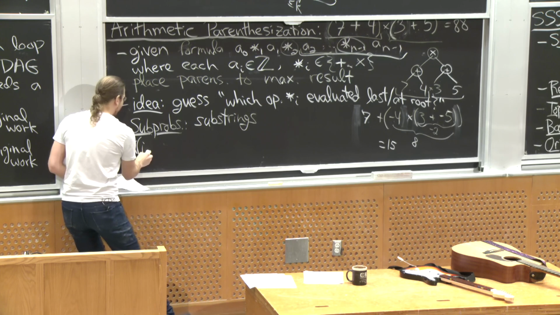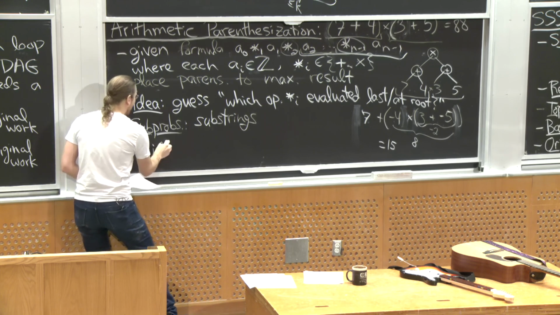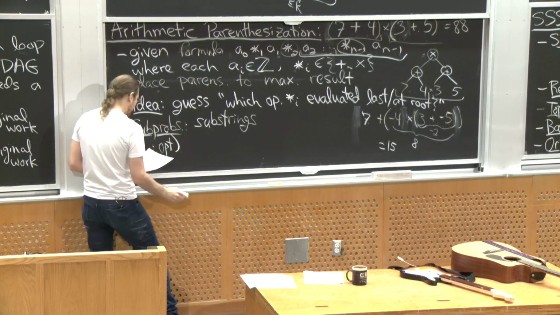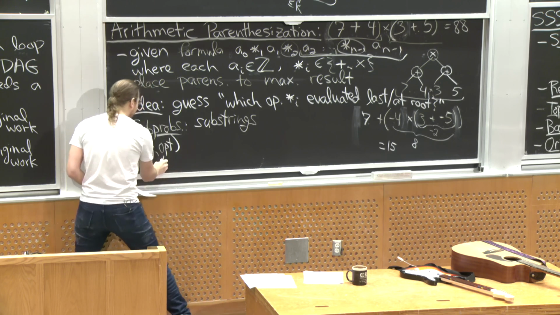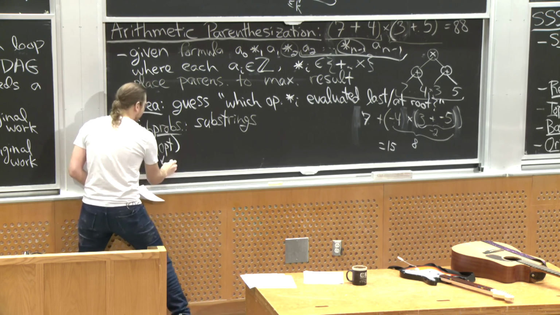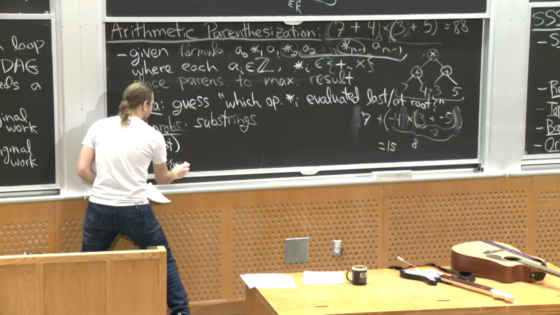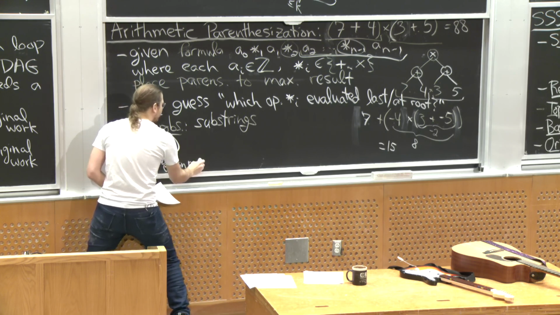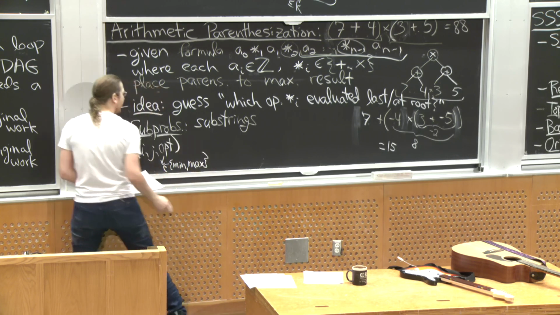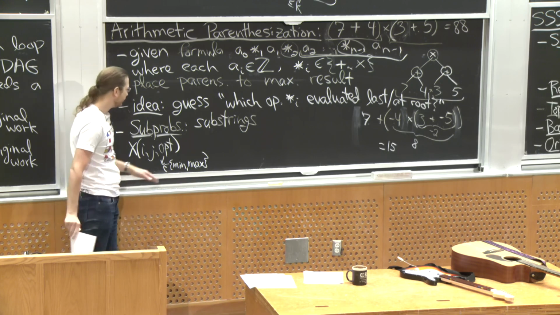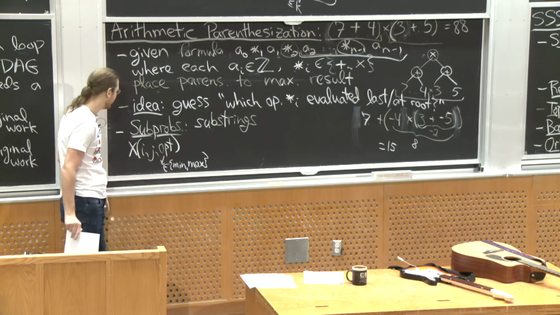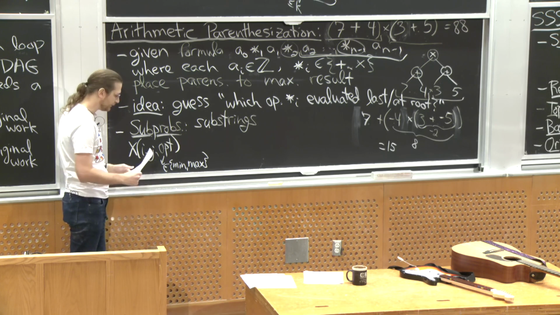So I'm going to define x of i, comma j, comma opt to be, where opt here is going to be either min or max. And this is my subproblem expansion. I really just care about max at the very end, but I'm going to care about min along the way. And ij is going to specify my substring.